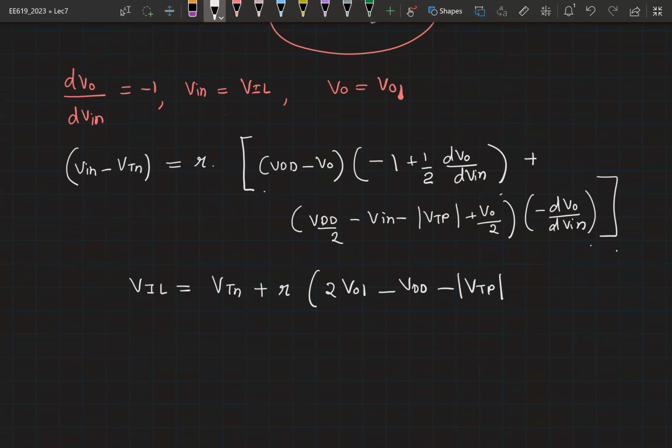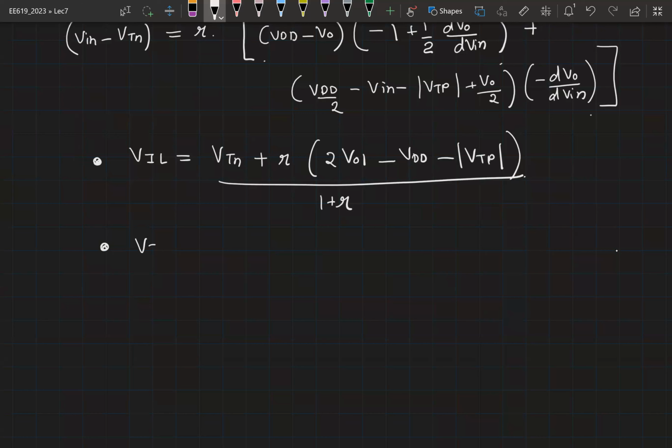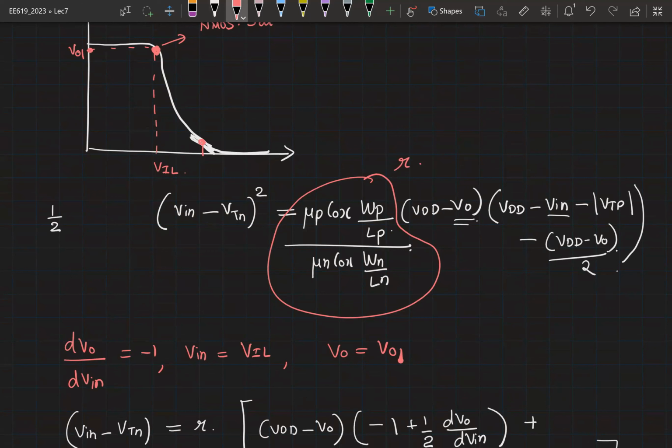I'll give you the expression right away. So VIH you will get as VTN plus twice of VO2, where VO2 is corresponding to this voltage. We can substitute at the end and see how that equation is changing. For now, we'll derive with VO1 and VO2.